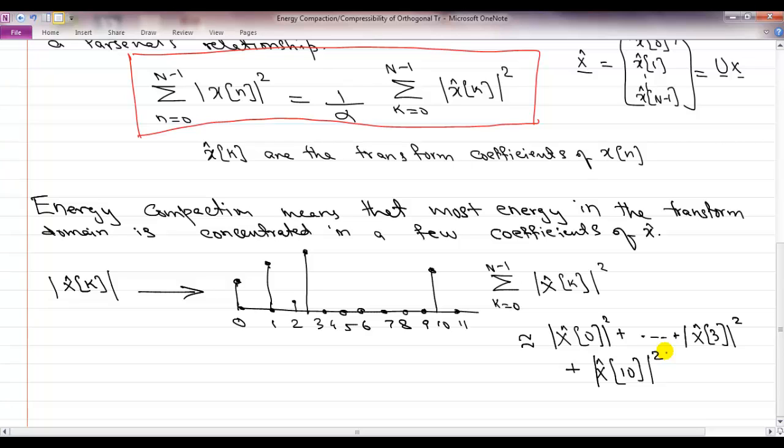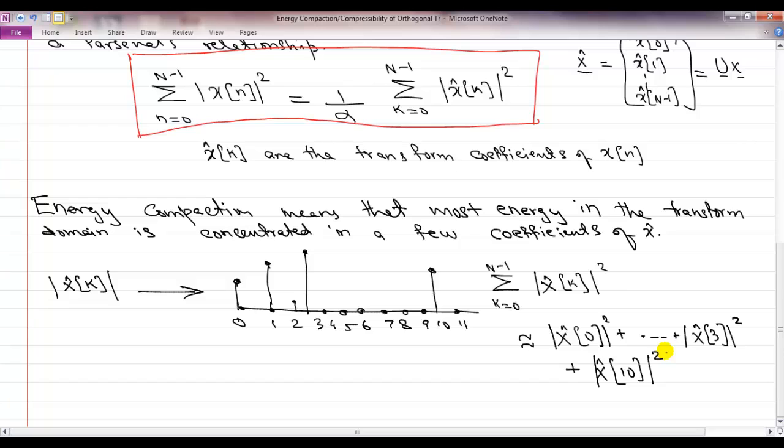Now why is energy compaction important? Because at some level what it is saying is you need to store inside a computer only 5 coefficients rather than 12 coefficients in this case. And storing fewer coefficients means you get to compress your data. That is effectively what, for example, JPEG is doing.